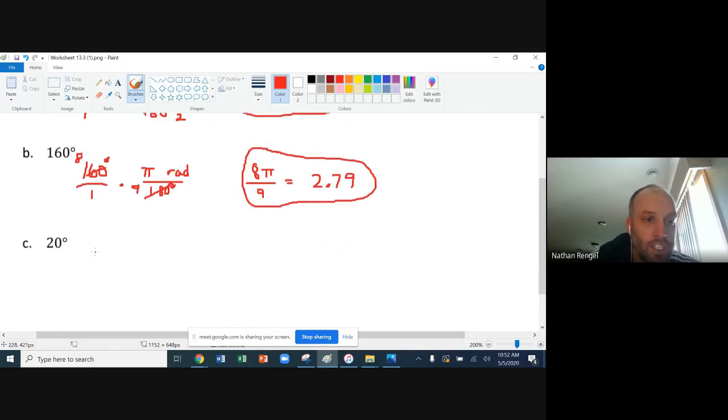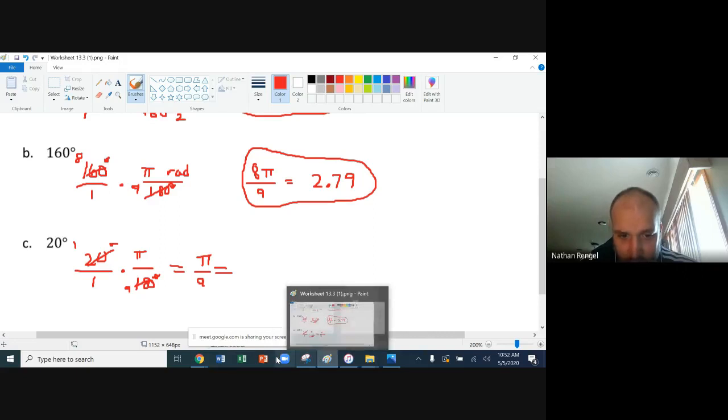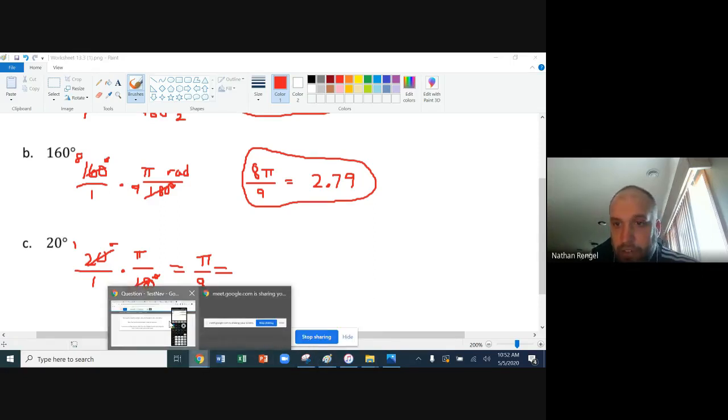Lastly, 20 degrees, we'll take 20 over 1, times pi over 180. And the degrees again will factor out. 20 and 180 have a 20 in common. That becomes a 1. That's going to become a 9. And pi times 1 is still pi, so pi over 9 would be my radians. And we'll head to our calculator again and take pi divided by 9.